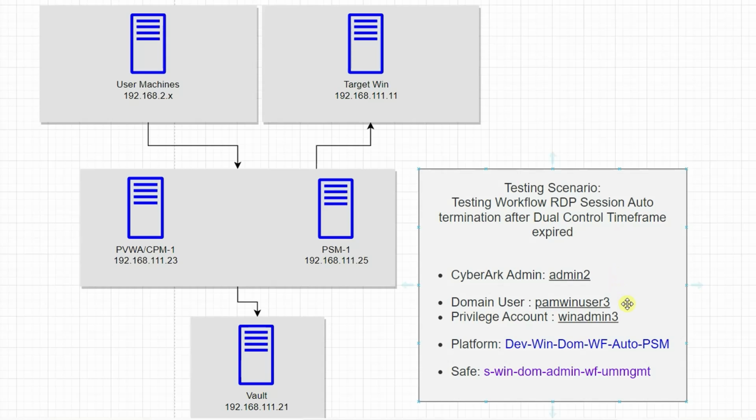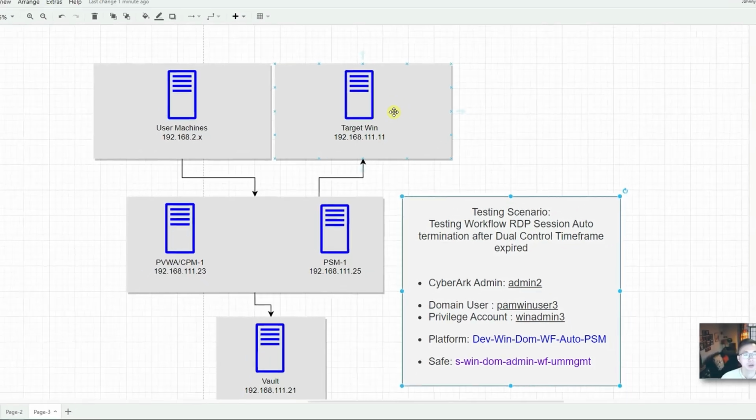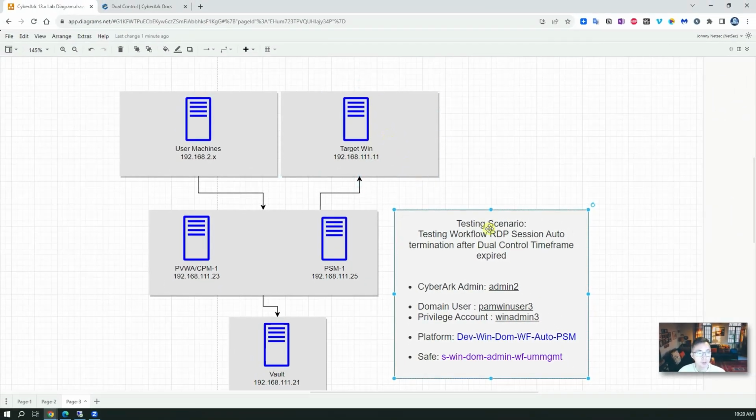Once the request is approved, we should be able to use the WinAdmin3 account to RDP into our target Windows machine. Because when we send the request, we set a timeframe of around 20-30 minutes. Then if we don't close our RDP session, the PSM will automatically terminate the session to release the resource from that target machine. That's one of the purposes for why we need to enable this configuration.